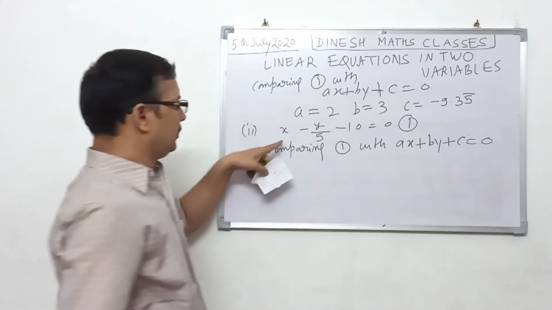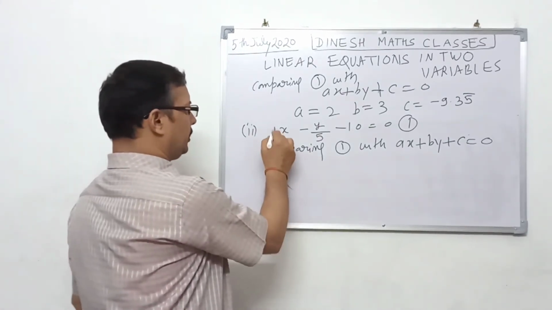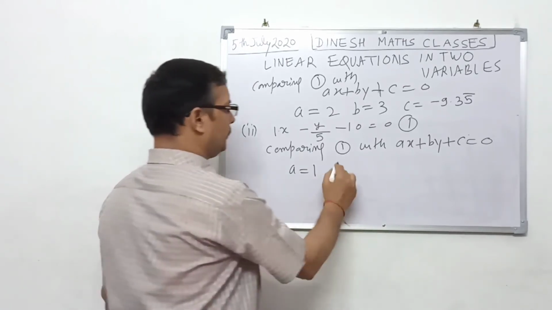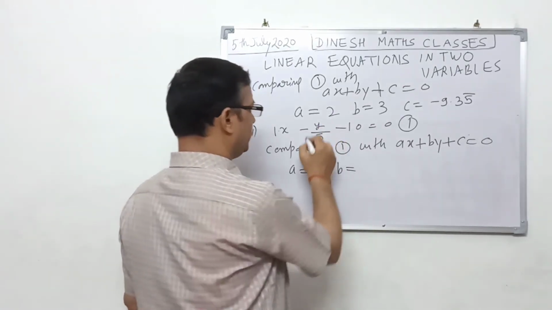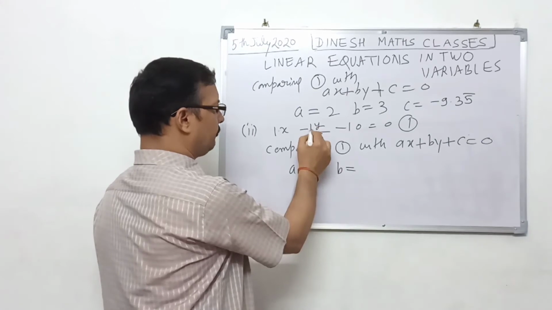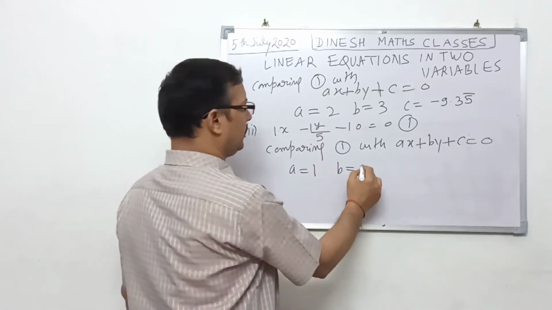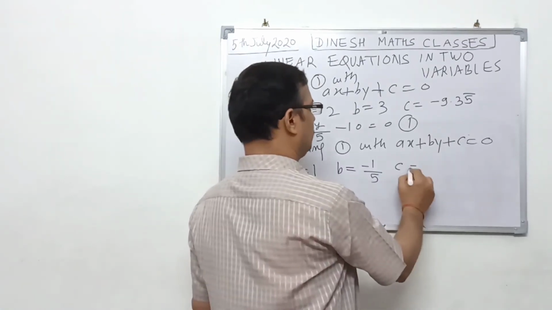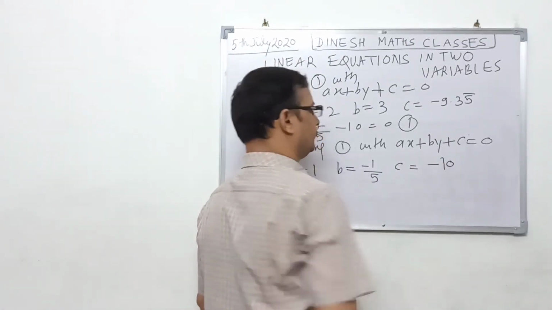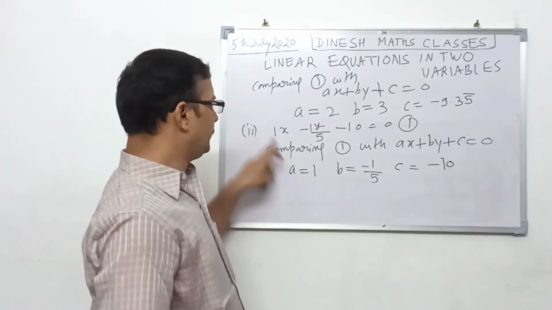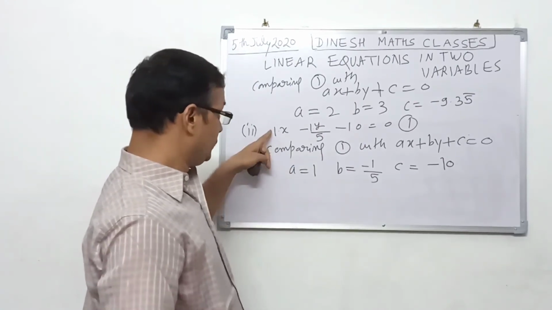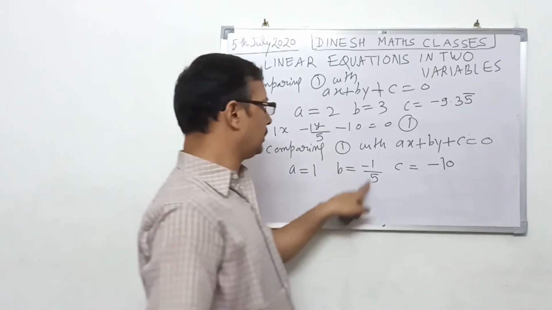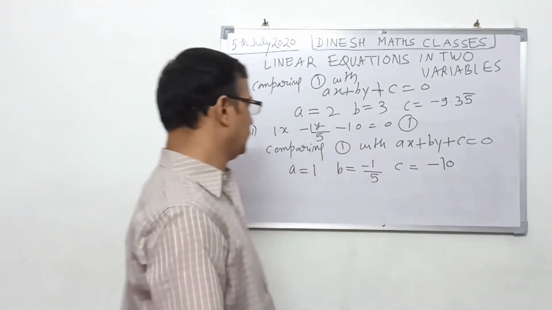Here no number is written with x, but 1 can always be taken, therefore a is equal to 1. b is the coefficient of y, here also you can take 1, so b is minus 1 by 5 and c is the constant term, minus 10. So in this way, the coefficient of x gives you a, the coefficient of y gives you b, and the constant term gives you c.